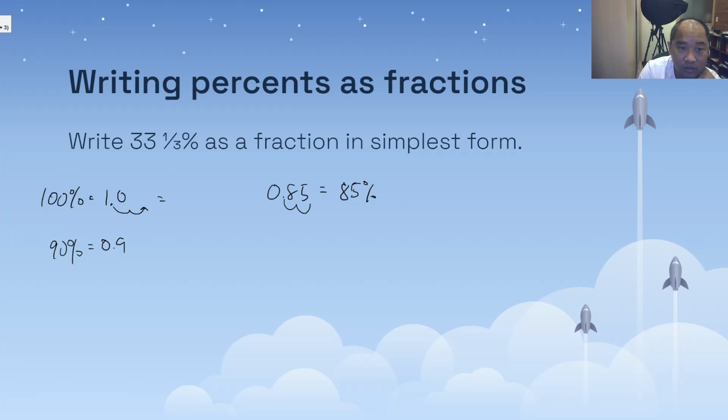We would move the decimal point over 2 times, which is 0.33 and 1/3. But 1/3 is 0.33 repeating anyway. So this is basically just 0.3 repeating. And then to write this as a fraction is just 1/3.